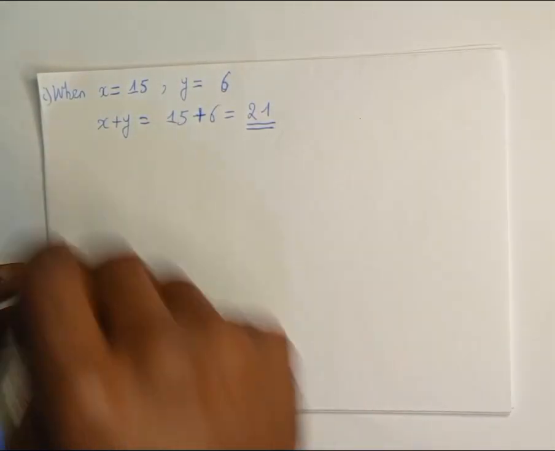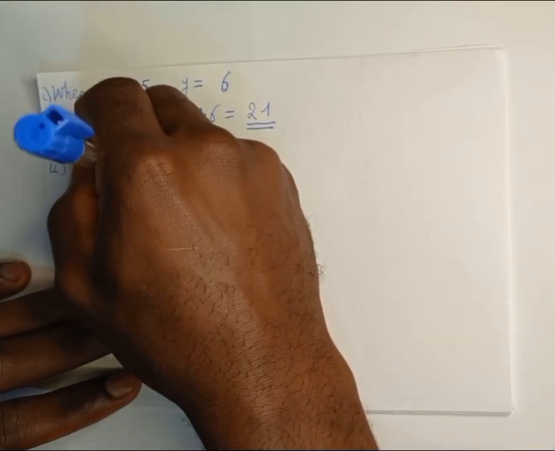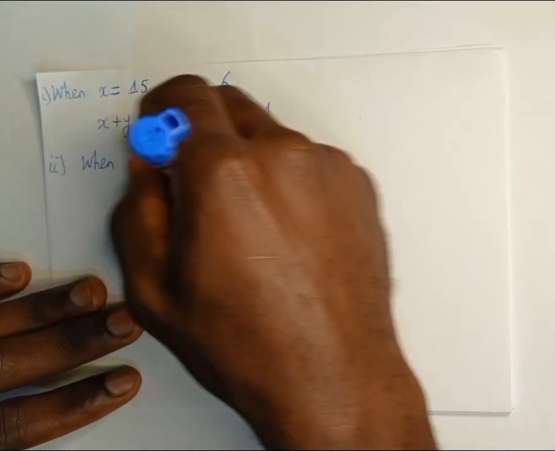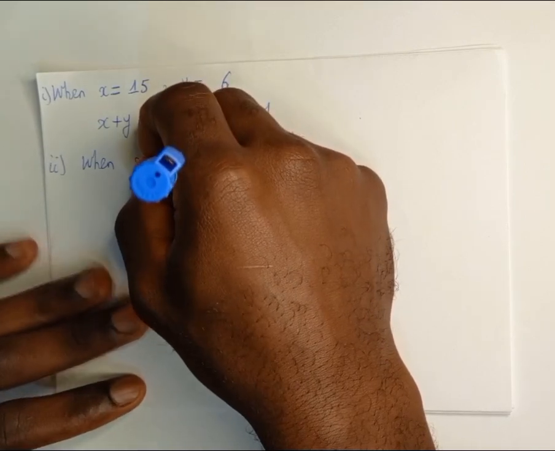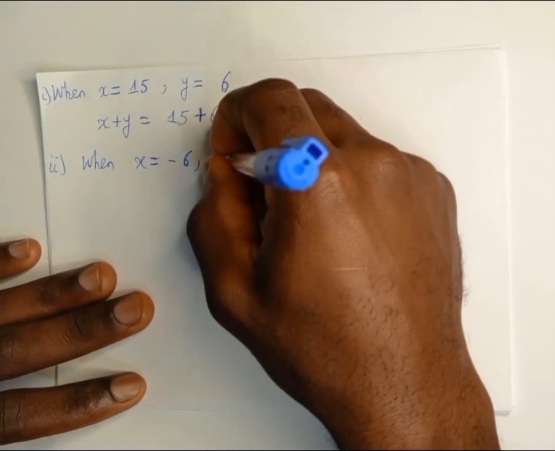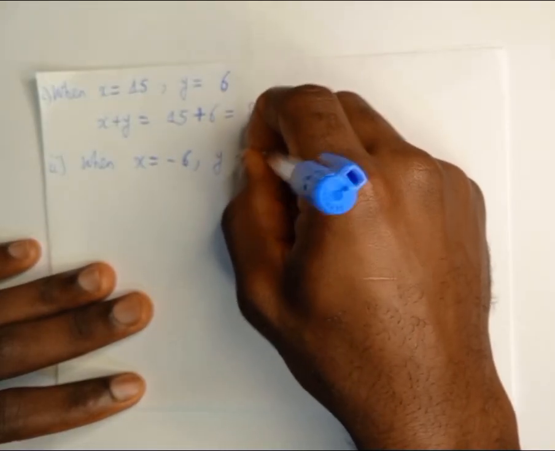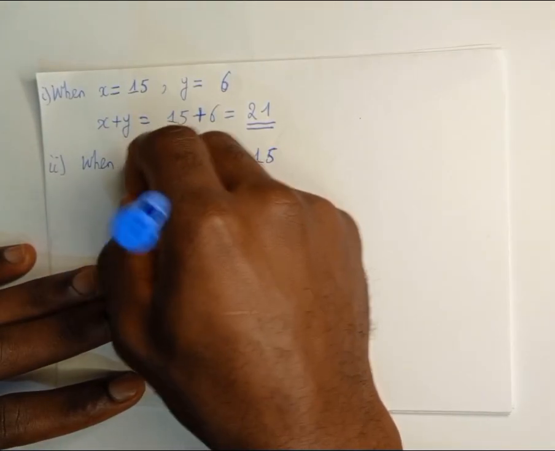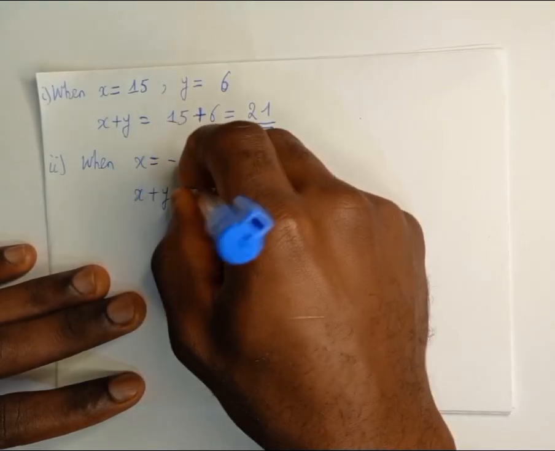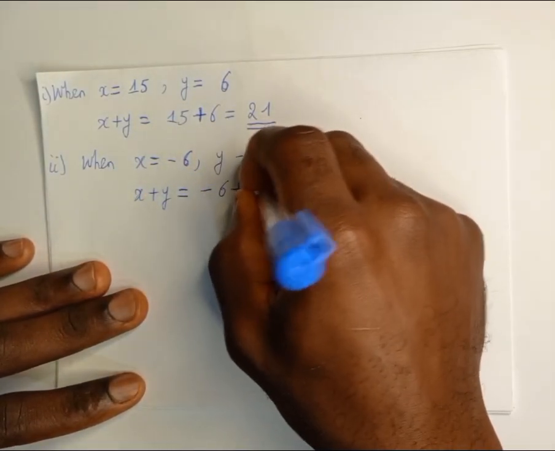We underline. We go now to the second case, case 2, when x is equal to negative 6, y is equal to negative 15. x plus y will be equal to negative 6 plus negative 15.